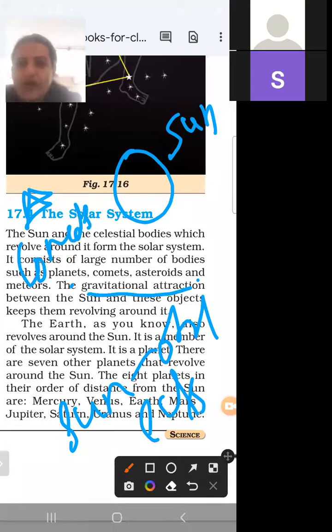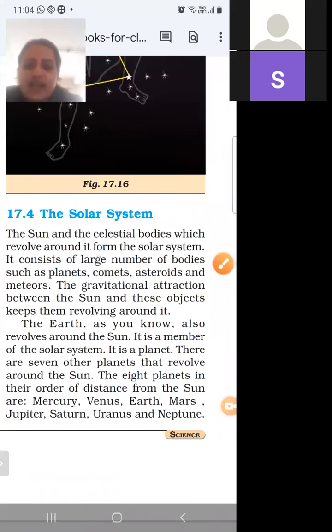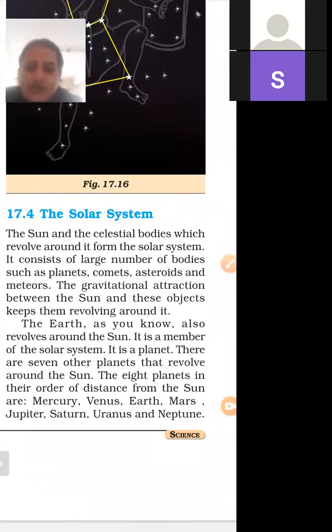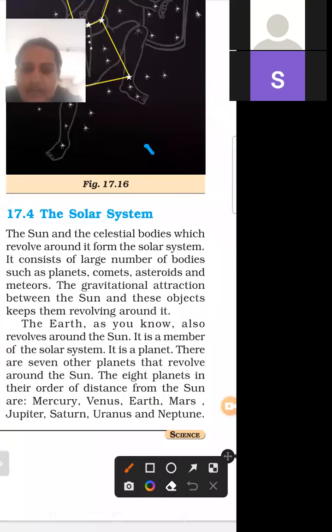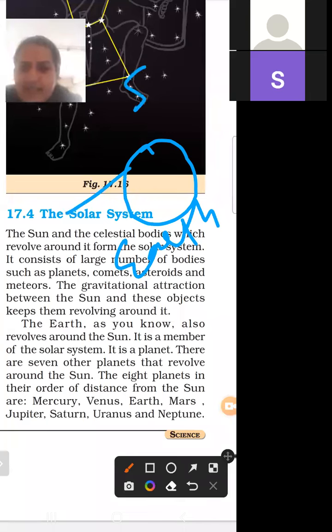The force between the comet and the sun is gravitational force. जो सन है, सन सारी चीजों को अपनी तरफ खींच रहा है, कॉमेट्स को, एस्ट्रॉइड्स को, प्लैनेट्स को, मेटियोर्स को, और किस फोर्स से खींच रहा है वो? Gravitational force. So the earth, as you know, also revolves around the sun. You have to remember this.